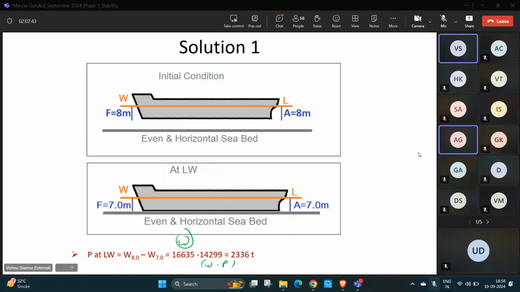Can you please find out the GM now, guys? Virtual GM at low water. And then we'll take a break. Calculate the virtual GM at low water.